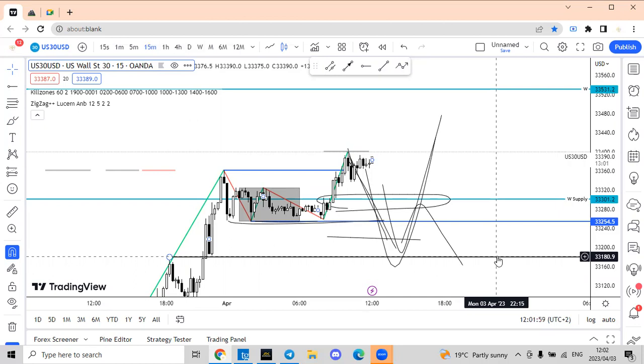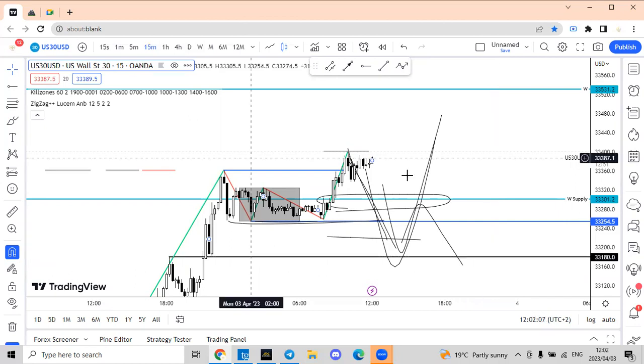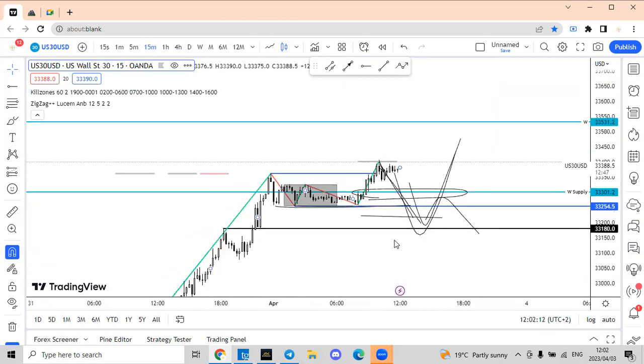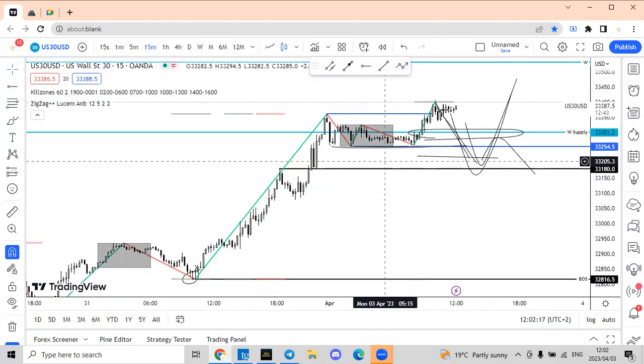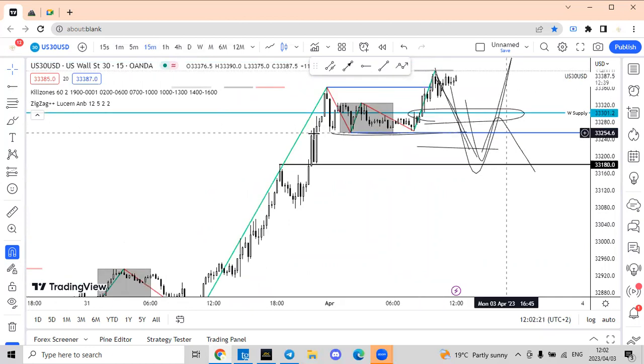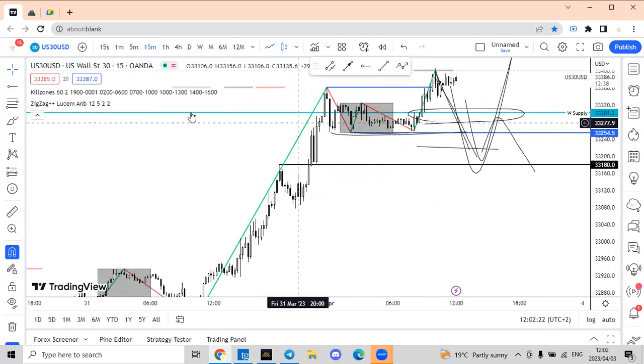So if you want to understand the basic structure, and how structure is created, like the main liquidity in the range, because every range has the main liquidity. Even here on this range, from this low to this high, this is the main liquidity, because you see how much liquidity is here.